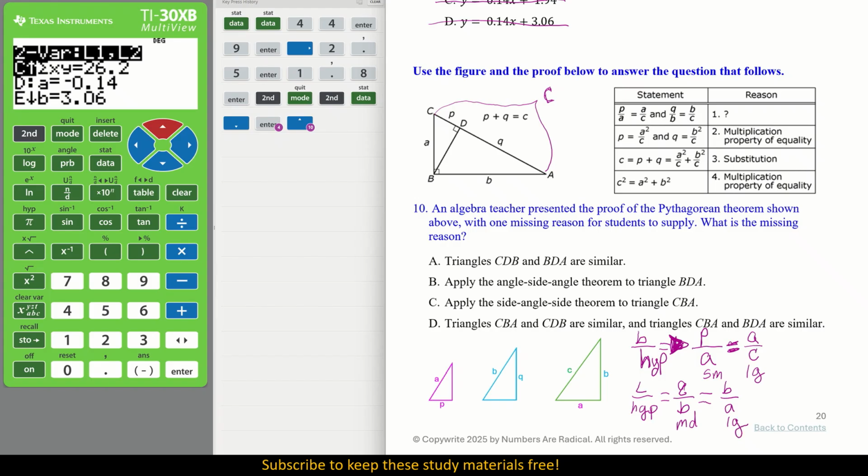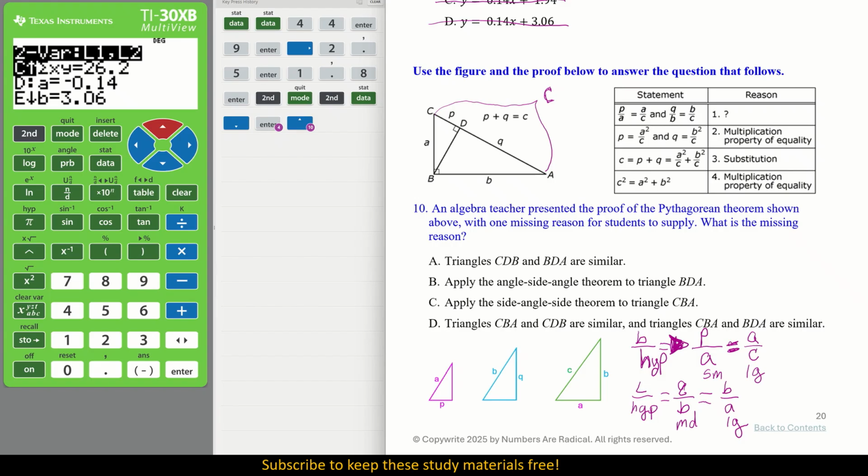So now we have a connection from the larger one to the smaller and the middle. So this gives us a logic telling us that the triangles are similar. So let's see what options we have.